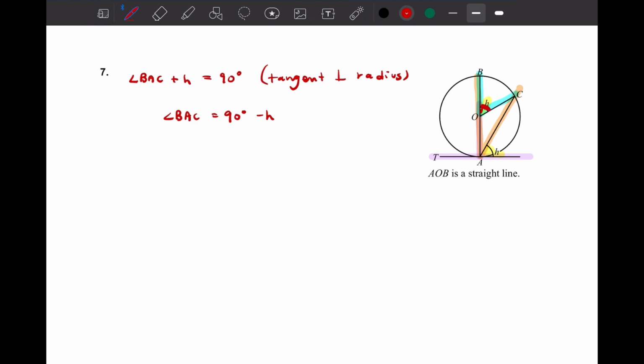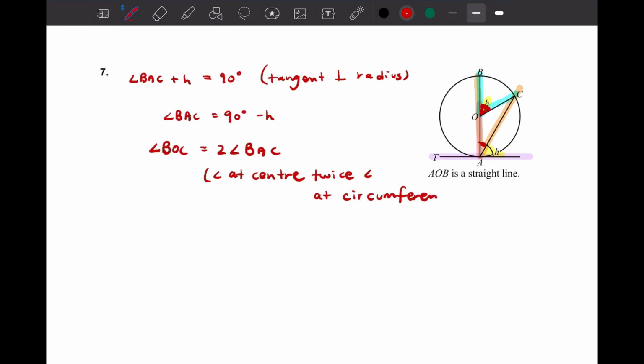BAC. Okay, so this one and this one. So angle BOC is equal to twice BAC. And the reason is angle at center twice angle at circumference.